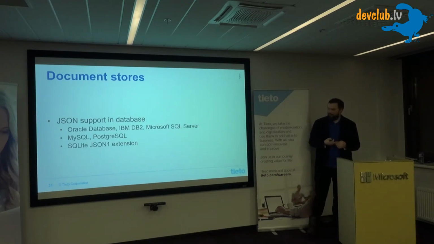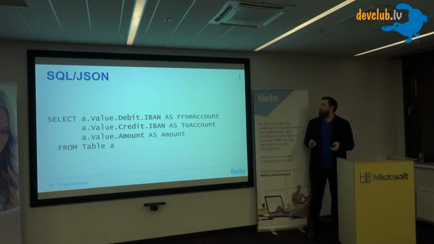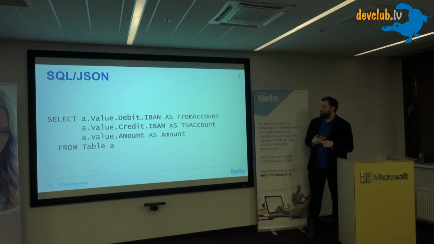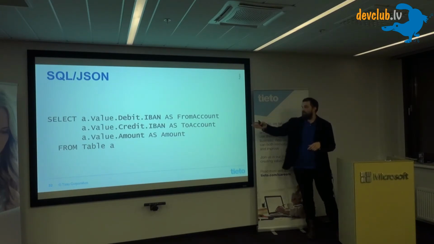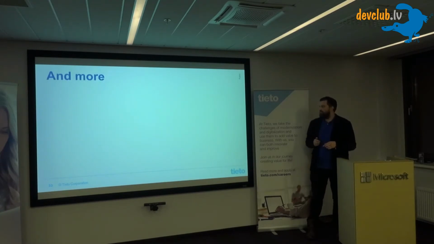What it allows us to do is write queries and get the data from JSON-encoded values simply by using dot notation. The value is stored as JSON, and everything that follows is a query for a JSON structure. And there are more features.